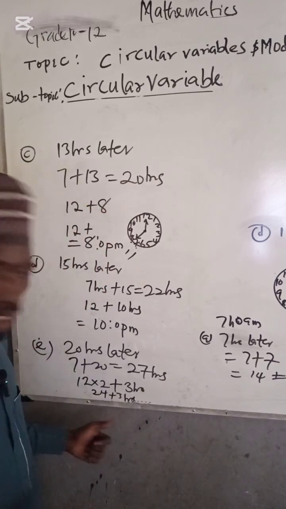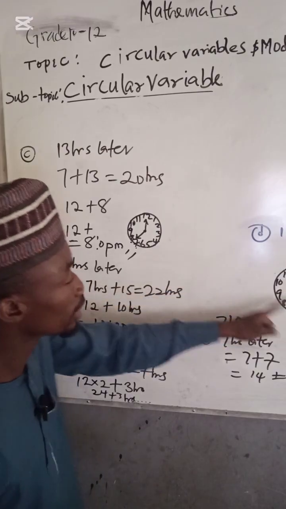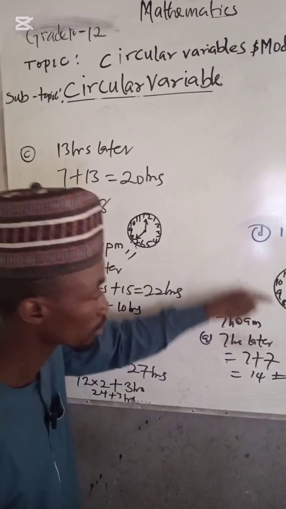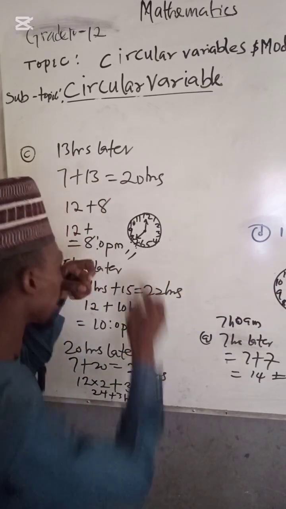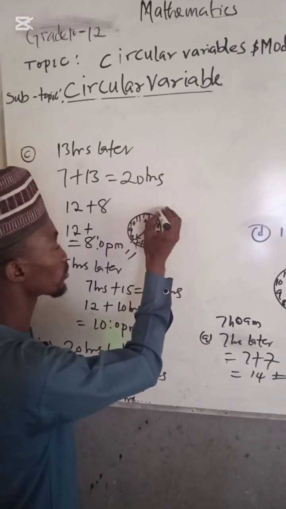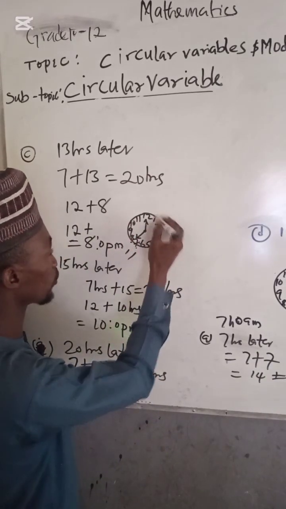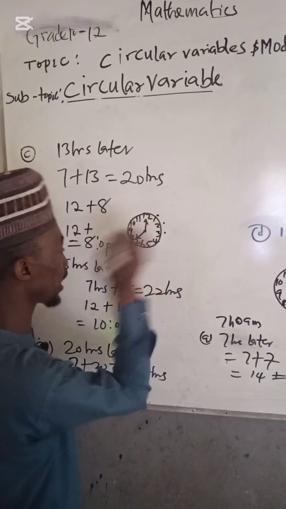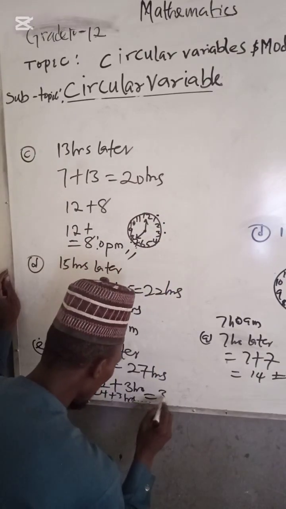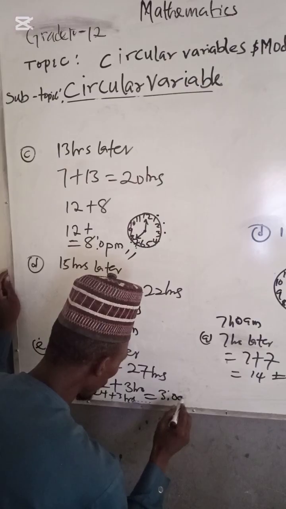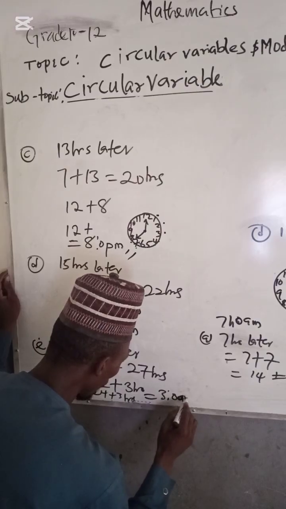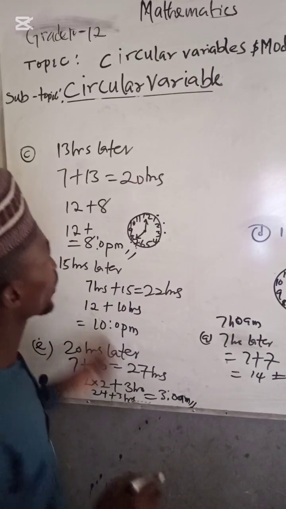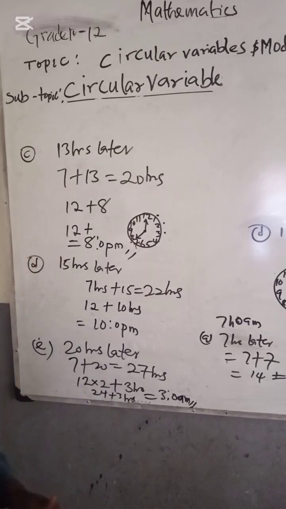Like I told you, 24, it has covered the clock twice. The first one, the second one, then on here, the third one is on 3. You have 1, 2, 3. 3 a.m. We can see what circular variable is doing.